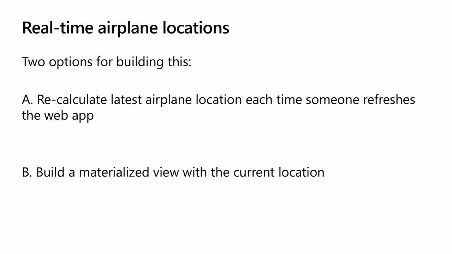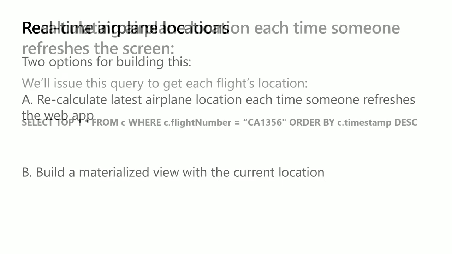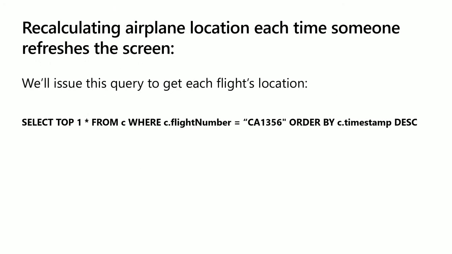Or we could build a materialized view that has the current location of every airplane, and then every single time there's a web app that needs to reference this data, we'll just go and call that. So we're not going to recalculate it every time, but we'll have that value persisted somewhere with the materialized view so that different services that take a dependency on this data can simply go and access that. So this is a sneak preview of a question that we'll think about in a couple minutes.